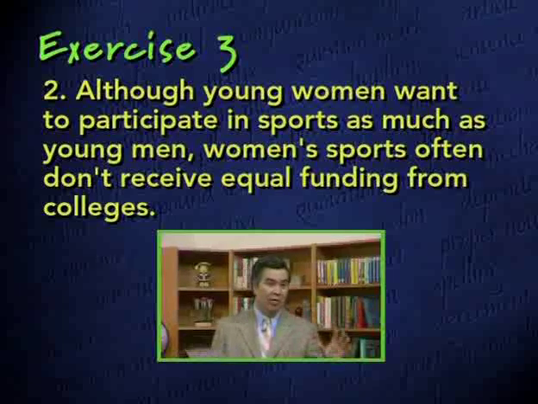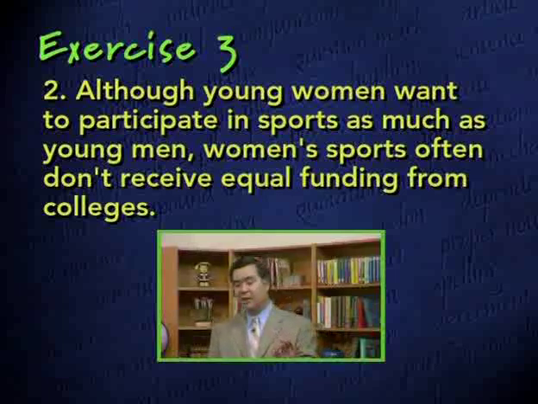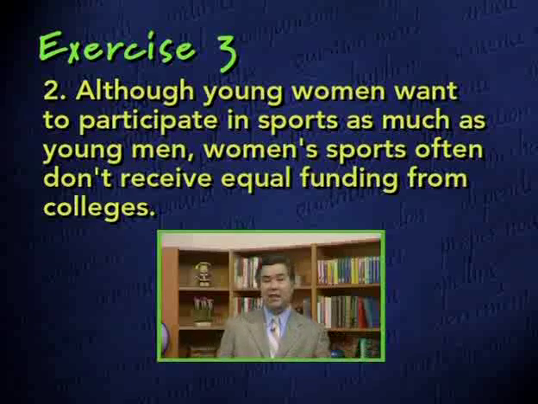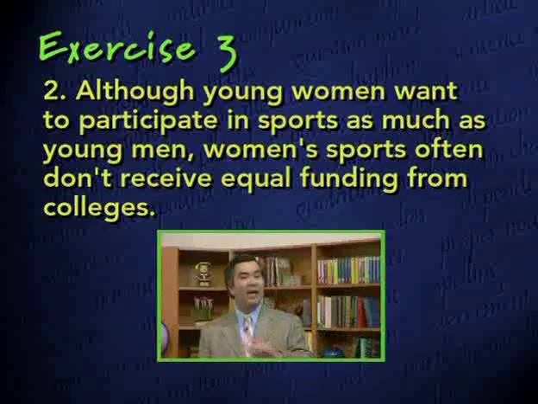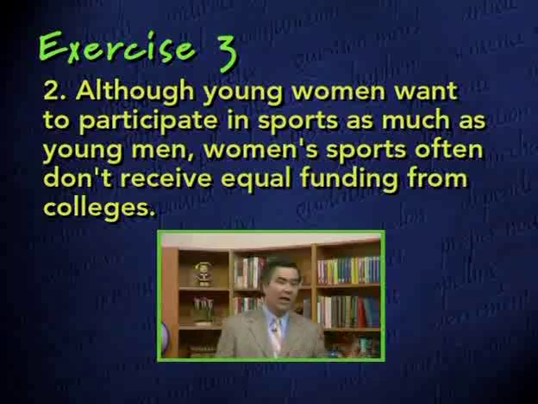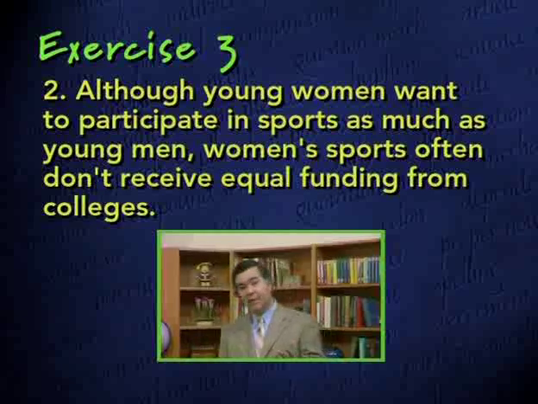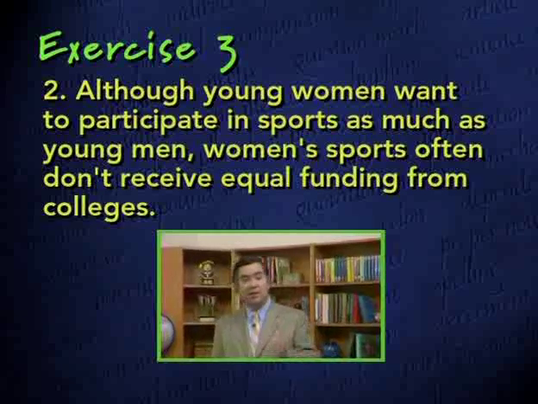Young women is the broader subject, but the simple subject is women. So the subject and verb in this clause is women want, and everything else in the clause is there to provide more information about what kind of women we're talking about and what specifically they want. Now, looking at that clause as a whole, could it stand alone as a sentence? The answer is no. It's a subordinate clause.